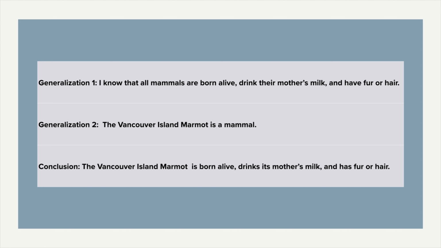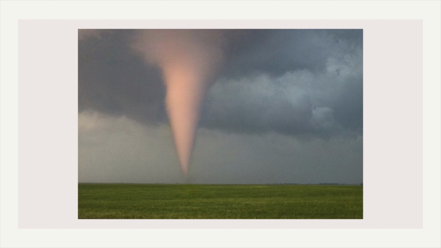Before asking students to practice using the general guidelines for deduction, demonstrate them in a think aloud fashion, using situations which can highlight each guideline. For example, you might say, I am a weather forecaster and I see a tornado on the radar. I ask myself, what do I know about tornadoes already?